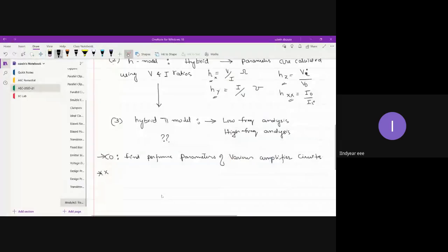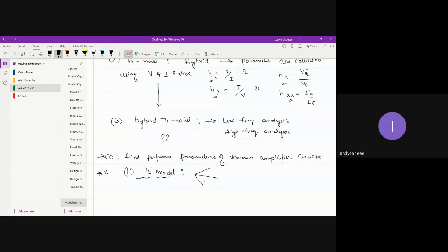Fine. First let us go for the very first model, that is the re model. The re model can be developed for three different configurations.